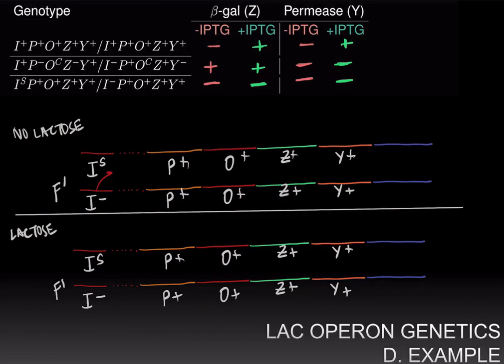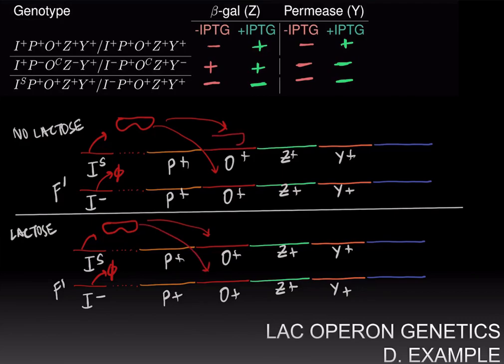Now, if we work this out mechanistically, I minus will not make any functional protein, whereas IS will make the super repressor protein, and the super repressor protein will act in trans and bind the operator on both the chromosome as well as the F prime plasmid, both the alleles of the operator. It will bind to them and prevent transcription when you don't have any lactose present.